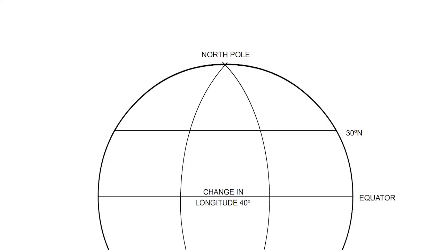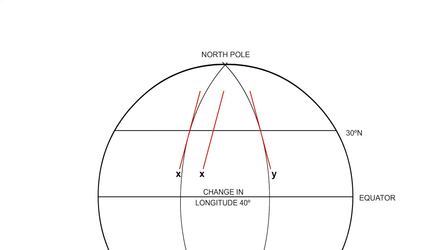Let's now look at what the convergency will be at 30 north, between two meridians 40 degrees of longitude apart. Let's take the tangent at the meridian at 30 north. This is shown by the line x. At y, the tangent looks like this.